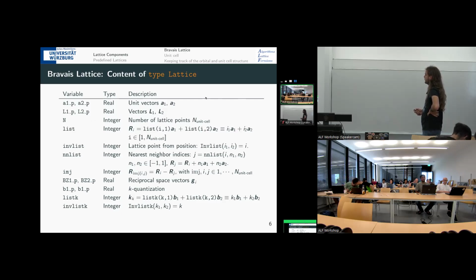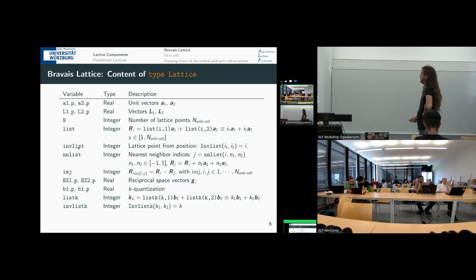From this, the number of unit cells in our Bravais lattice is defined. And you have a list and inf list. List is a mapping from an integer that goes over all the unit cells to a linear combination of the primitive vectors to get the location of the nth unit cell.